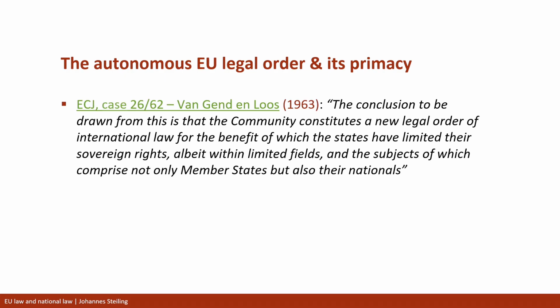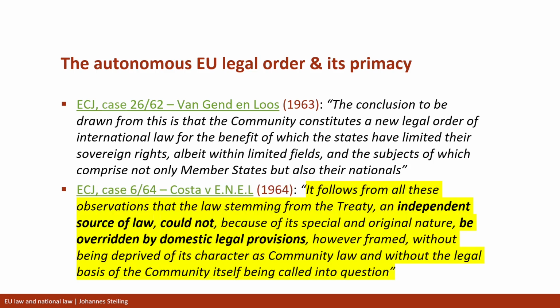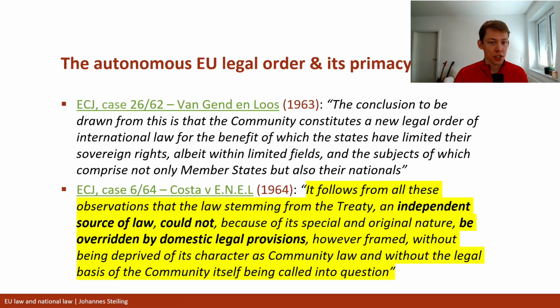This is Van Gend en Loos in 63, and then there's also Costa. Costa is from 64, so Costa v E.N.E.L. And Costa v E.N.E.L. is the decision where for the first time the ECJ said that EU law has primacy over national law, and we'll talk about exactly what that means.